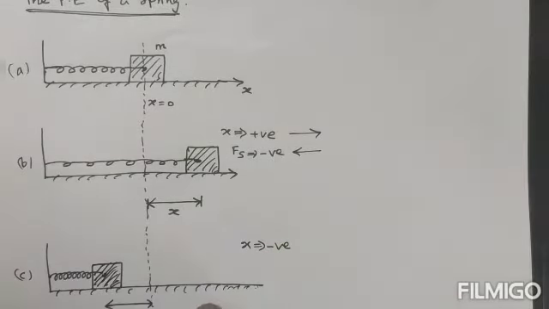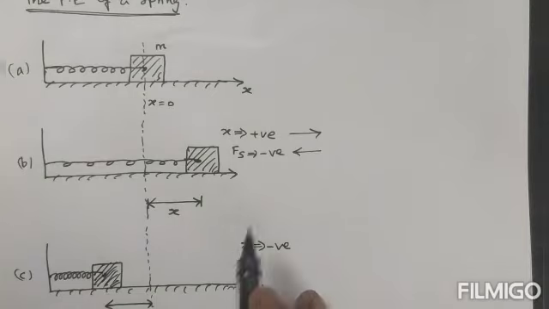Like that, in this diagram the displacement is where we compress. Here the displacement is in the negative direction, but the repulsive force is increasing while you compress the spring. If you compress the spring and suddenly leave it, the spring will suddenly extend, so the potential energy is suddenly converted into kinetic energy.